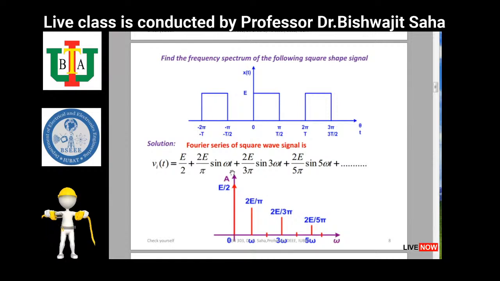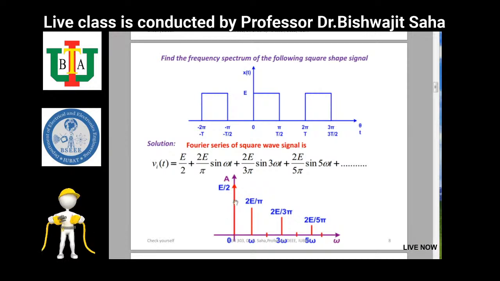Now the question is, can the DC value be less than the fundamental? Yes, the DC value can be less than the fundamental sometimes. So we can see that the fundamental component is higher than the DC component.